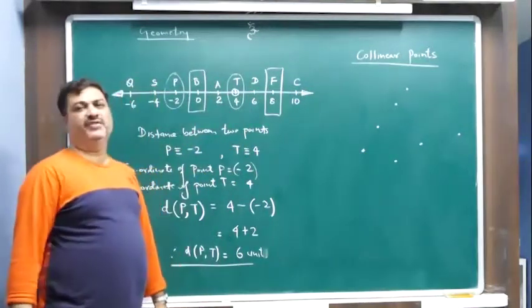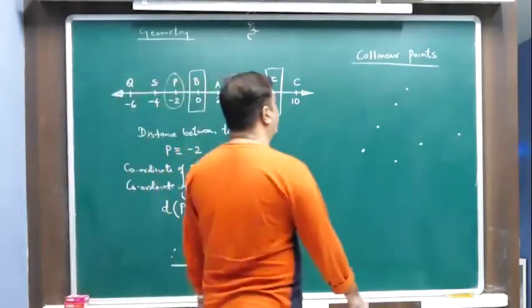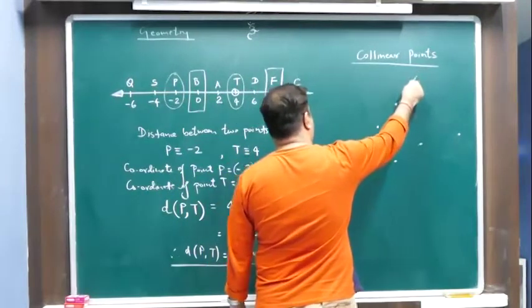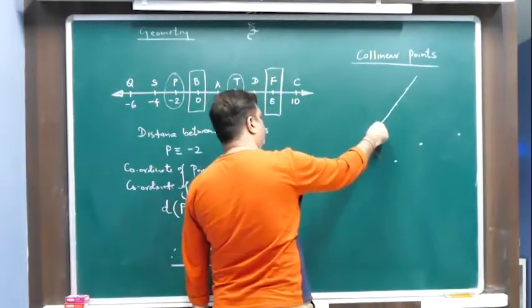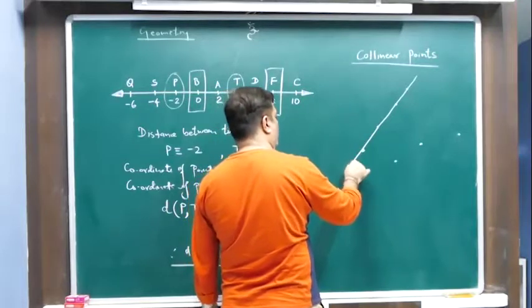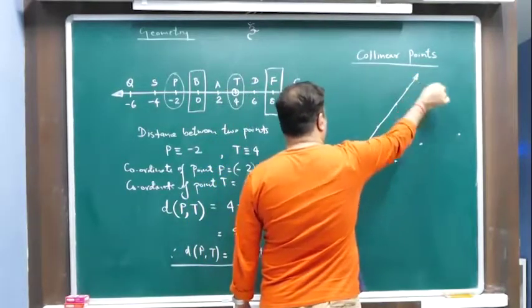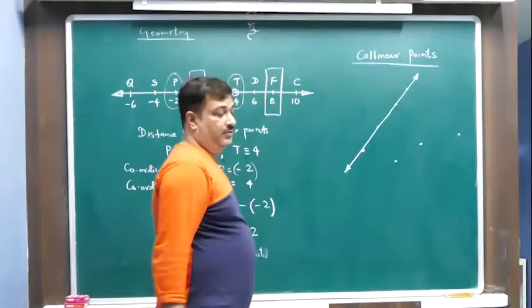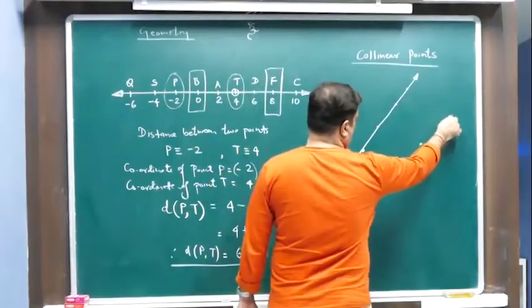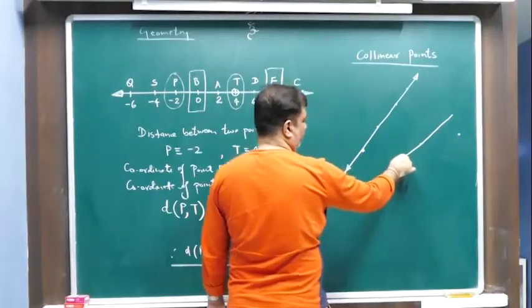I have taken around 7 points. Now these 4 points, I can pass a line through them, a straight line. I can pass a straight line through these 4 points. To these 2 points, again I can pass a line.